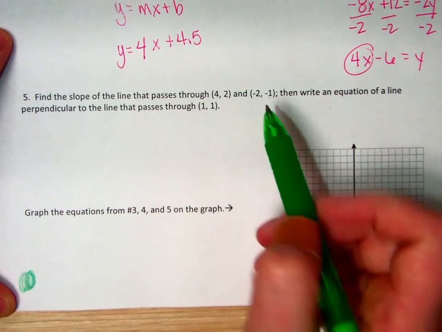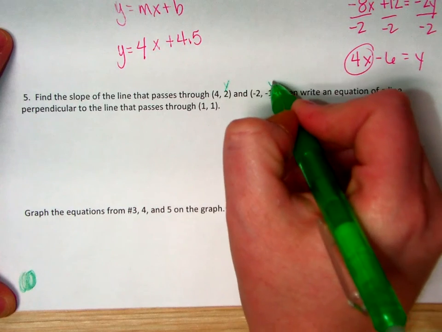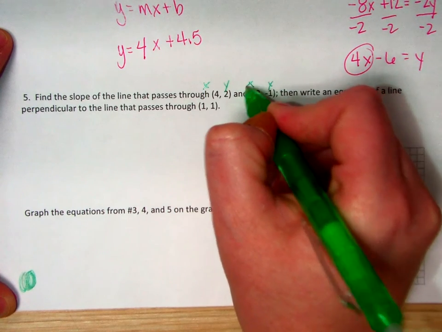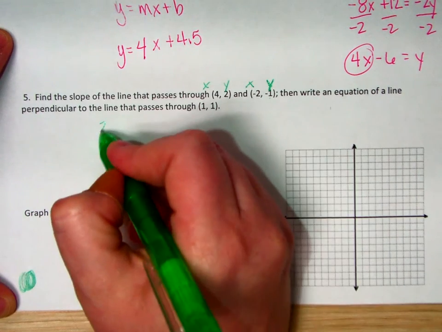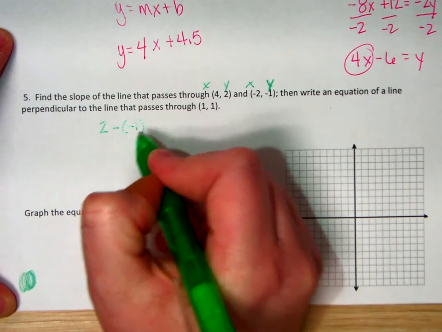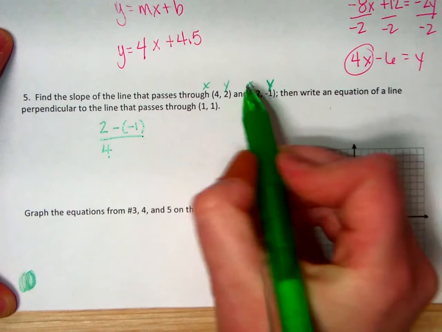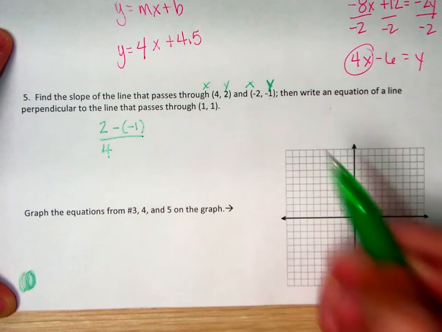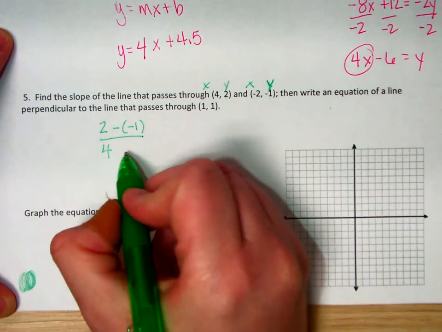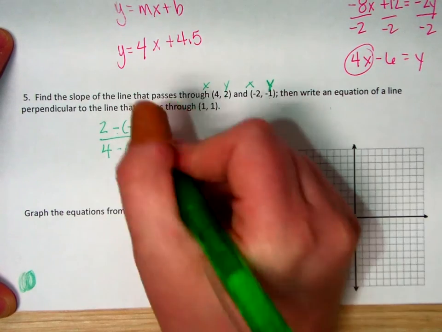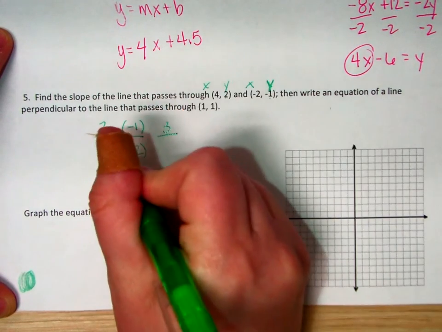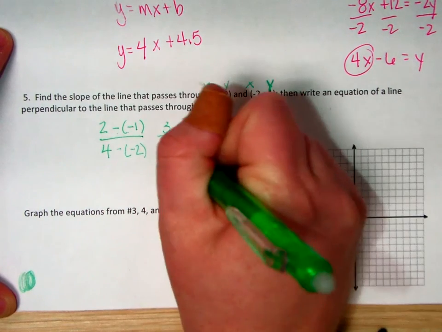So I'm going to go 2 minus a negative 1 over 4 minus a negative 2. 2 minus a negative 1 is 3, and 4 minus a negative 2 is 6, which equals 1/2.